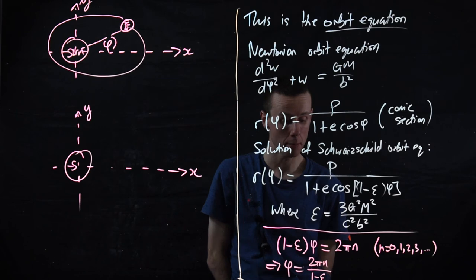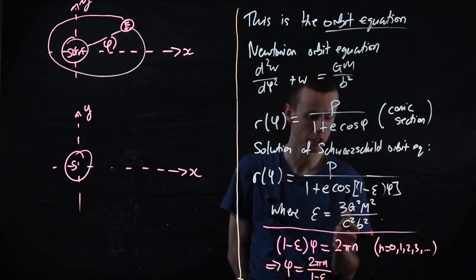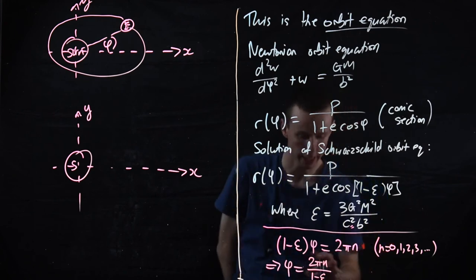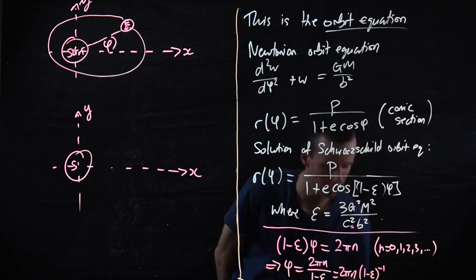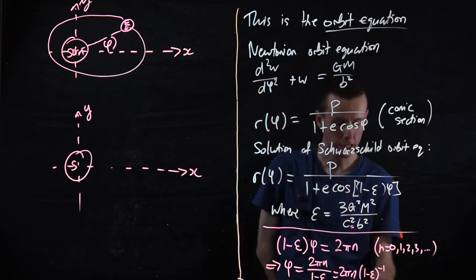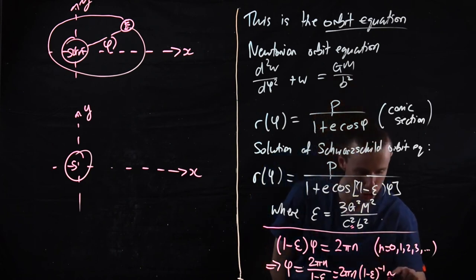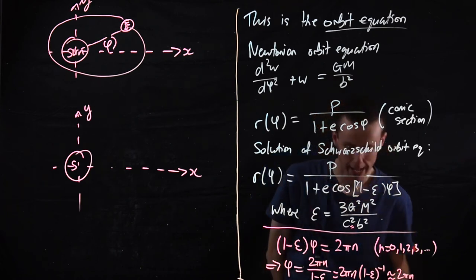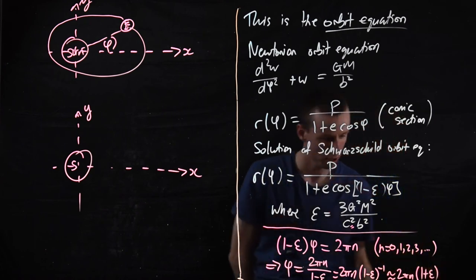But remember that we said epsilon was small, since it's got c squared in the denominator. So let me write this as 2 pi n times (1 minus epsilon) to the minus 1. You can actually use the binomial theorem on this to first order to say that this is approximately 2 pi n times (1 plus epsilon).